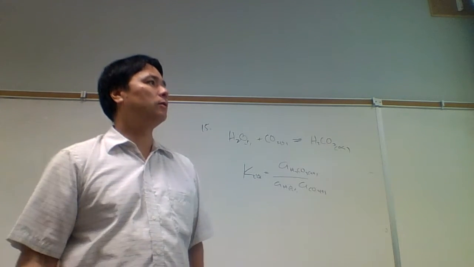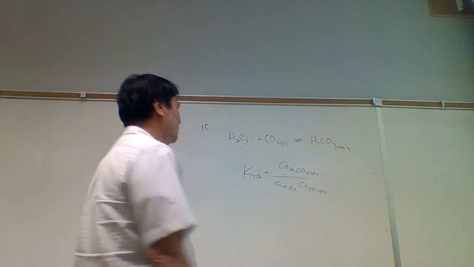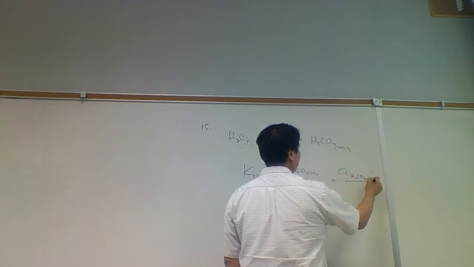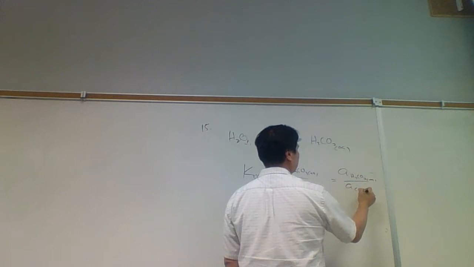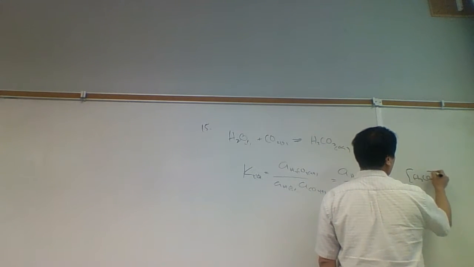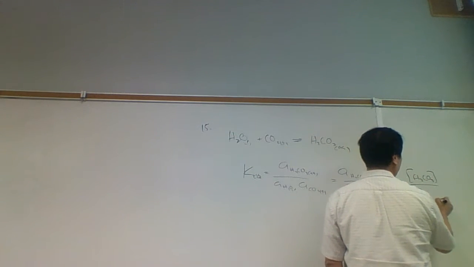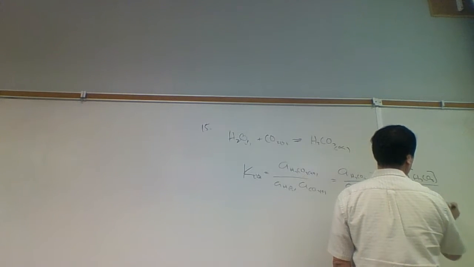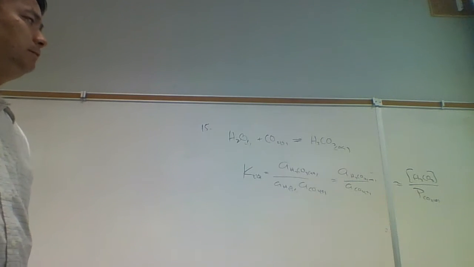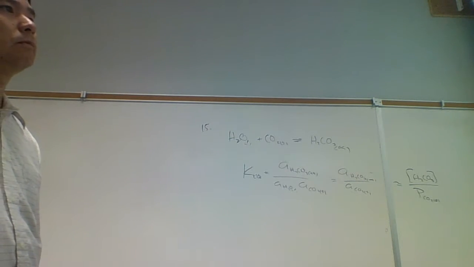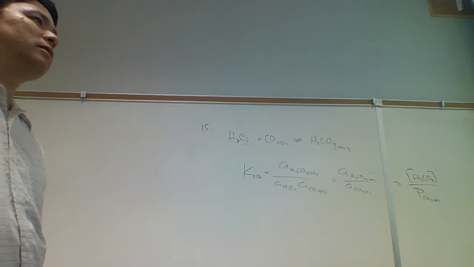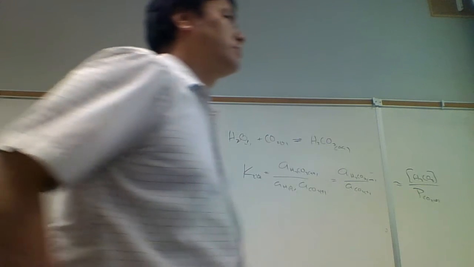But we know the activity of H2O liquid is just 1, so this is just the activity of H2CO3 aqueous divided by the activity of CO2 gas. And this should be about equal to the concentration of carbonic acid divided by the partial pressure of CO2 gas. So we have this heterogeneous thing where we have both concentrations and pressures. That's what they want, converted into an expression containing concentrations and pressures, which we just did.